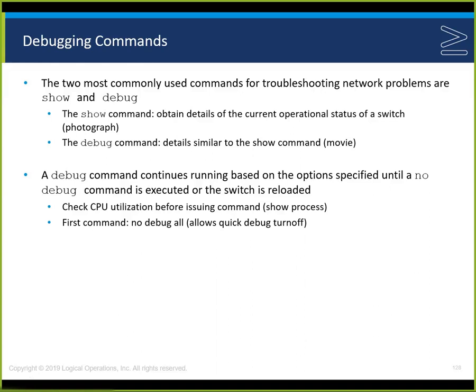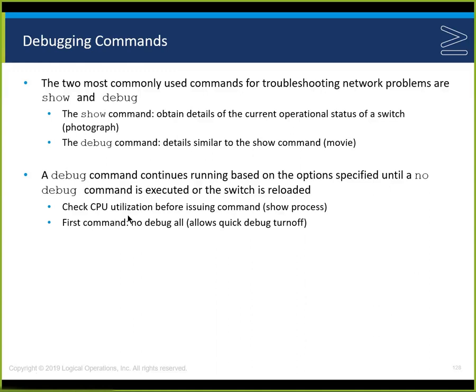Generally, the way you undo any Cisco command is no in front of the command. So if I made a mistake, I can type no, copy the command, and then paste the command and undo it. No debug all, undebug all, or u all, are all ones that are there.